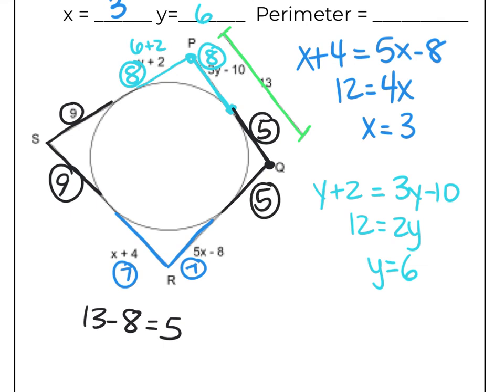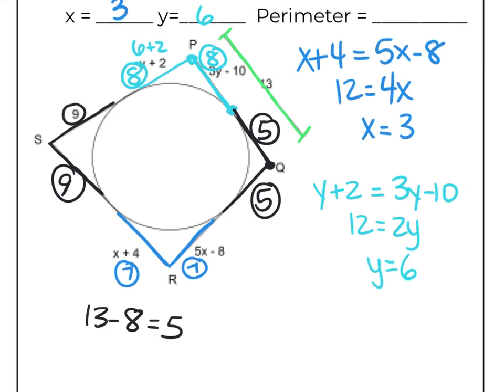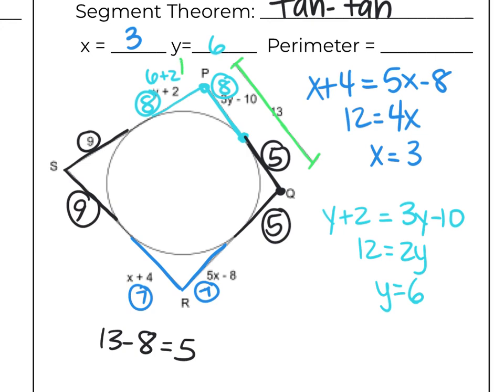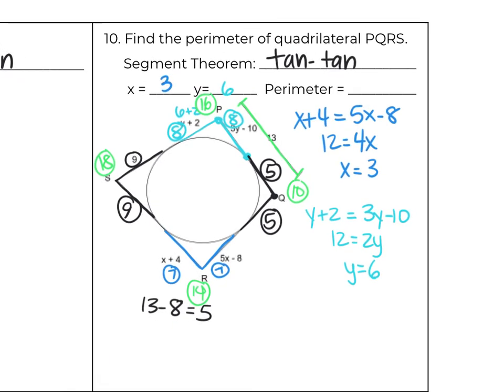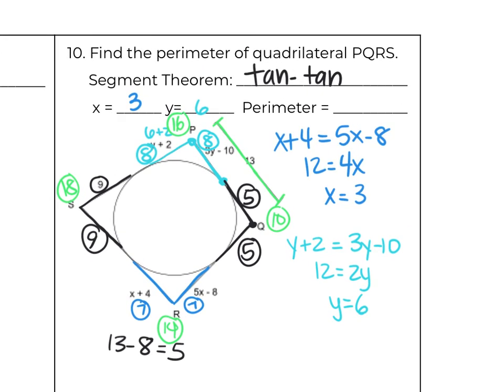So I need 8 numbers there that I should be adding. Again, if you want to double the sides first, so 8 times 2 is 16, 9 times 2 is 18, 7 times 2 is 14, 5 times 2 is 10. And just add those 4, up to you. So take a minute, finish that off, and raise your hand when you are done.